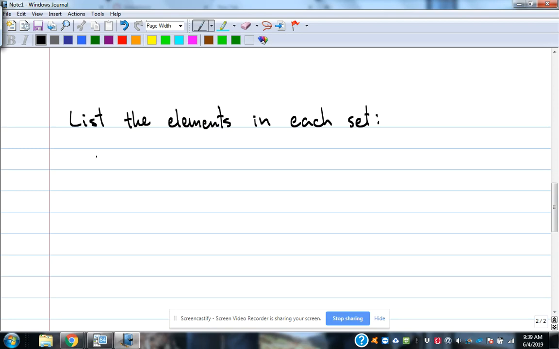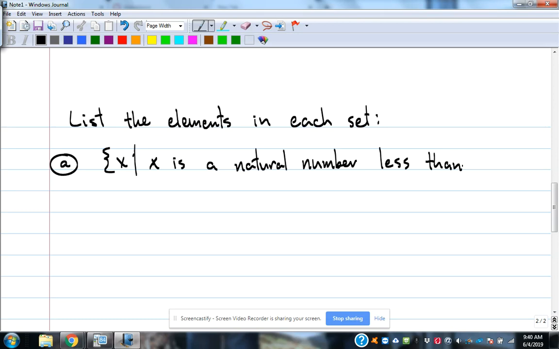And the way that they're going to present the set to us is using that notation: x such that x is a natural number less than 7.